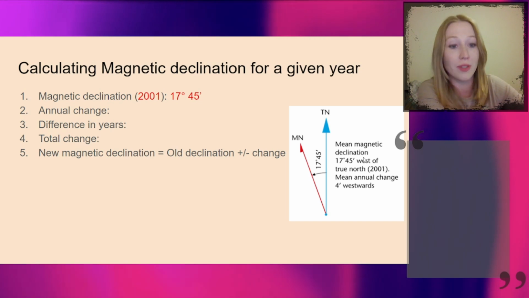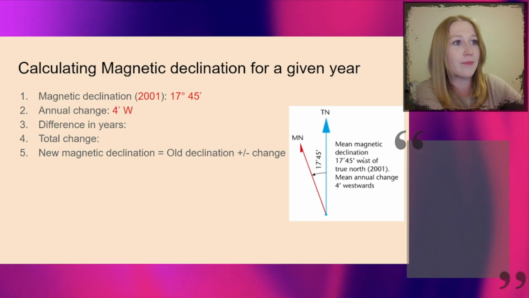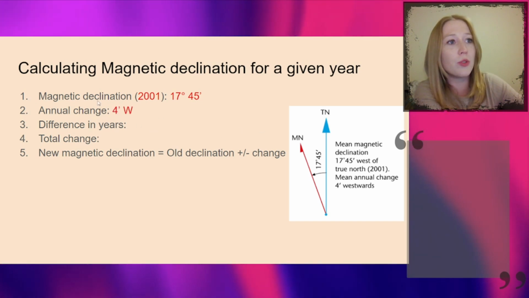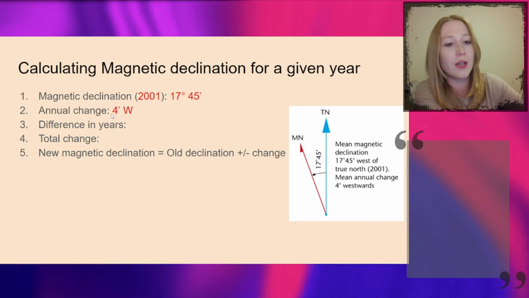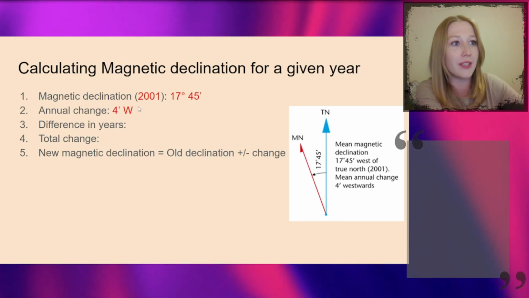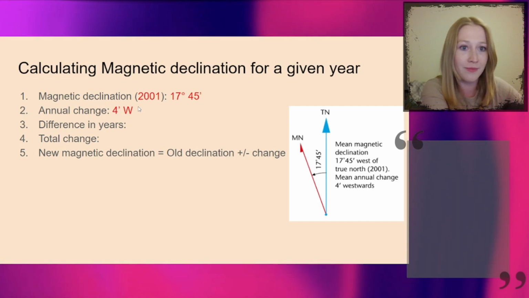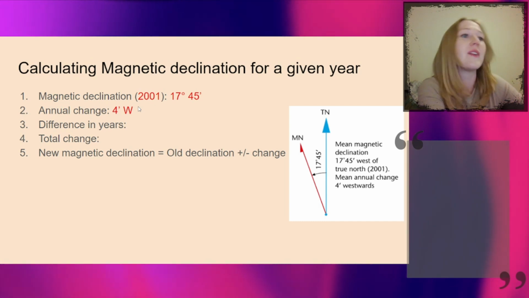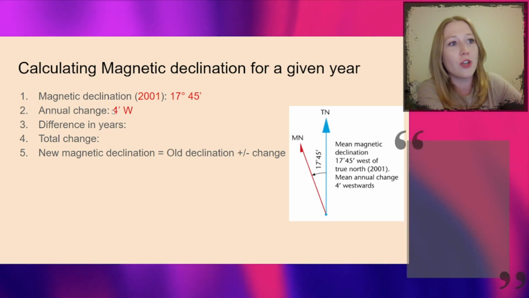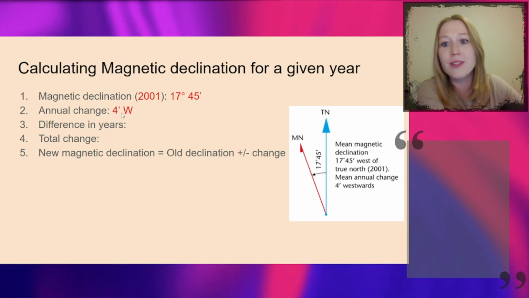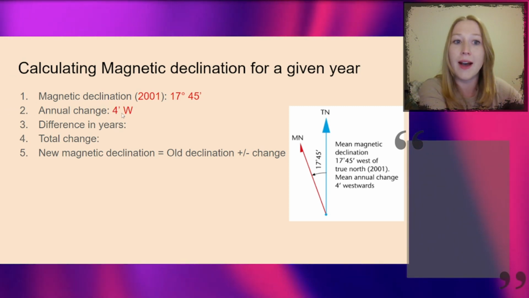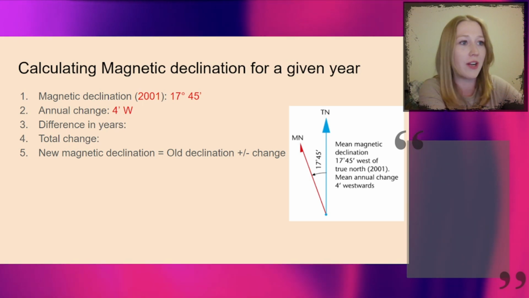That is important. It's moving 4 minutes every year to the west. So annual change, 4 minutes to the west every year. How many years has it changed?